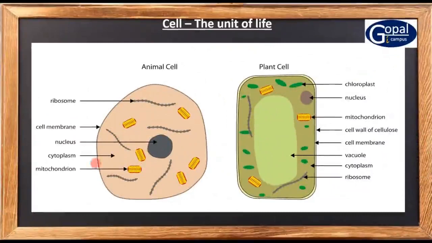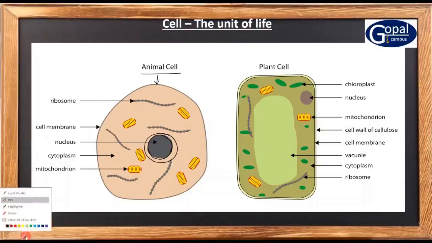So this is the animal cell. In this cell, see there is no cell wall, and here this is the nucleus. See here the nucleus is surrounded by a nuclear membrane. Inside this nucleus, the genetic material is present, and this genetic material is present inside the chromosomes.